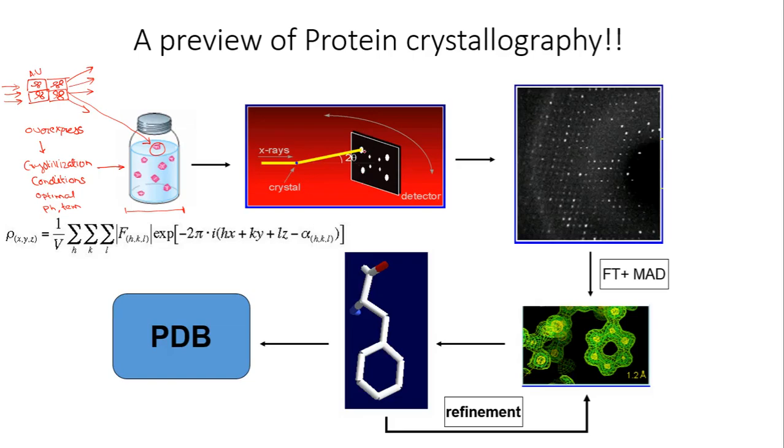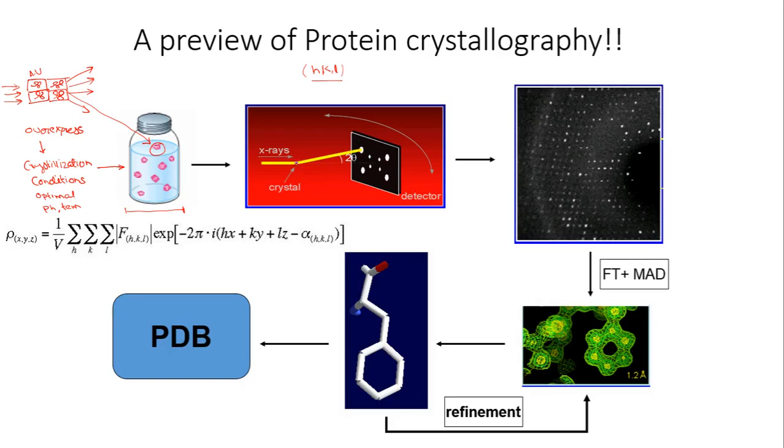One more thing: the position of each and every reflection spot on the detector screen is usually represented as H, K, and L. You can just consider these as the coordinates of your reflection on the detector screen.